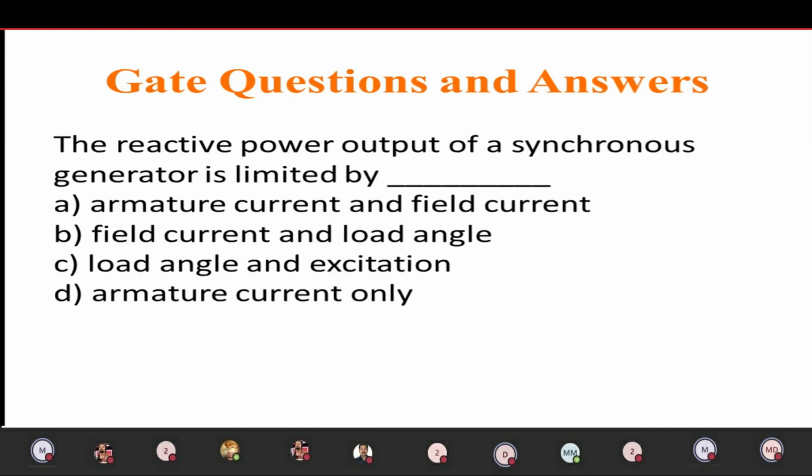Then, the reactive power output of a synchronous generator is limited by: first, armature current and field current; second, field current and load angle; third, load angle and excitation and armature current only.